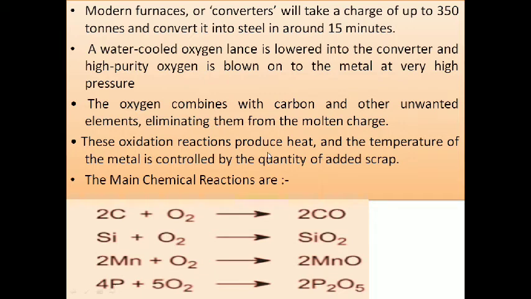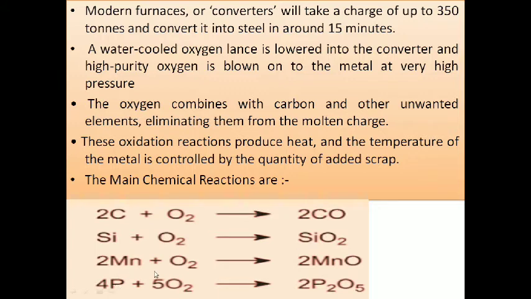The oxidation reaction produces heat, and the temperature of the metal is controlled by the quantity of added scrap. Here are the main chemical reactions involved: 2C plus O2 forms 2CO, that is carbon monoxide. Silicon plus oxygen forms silica, SiO2, silicon dioxide.